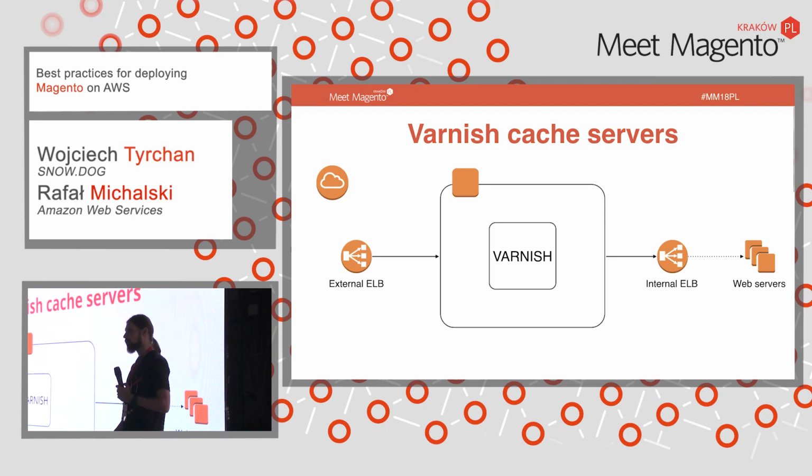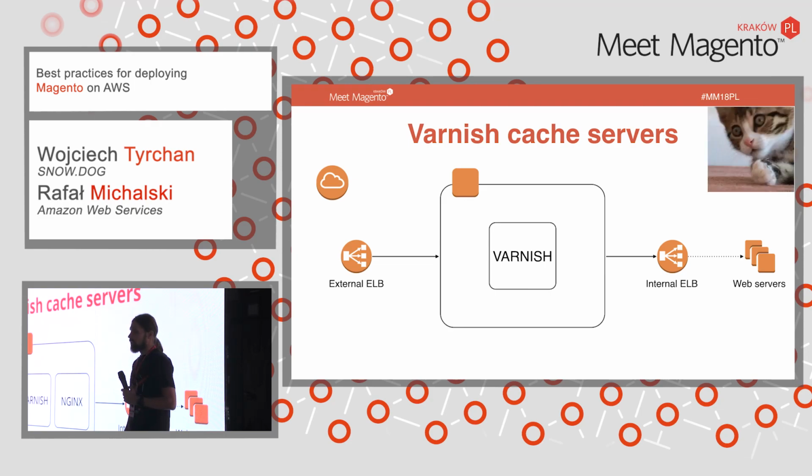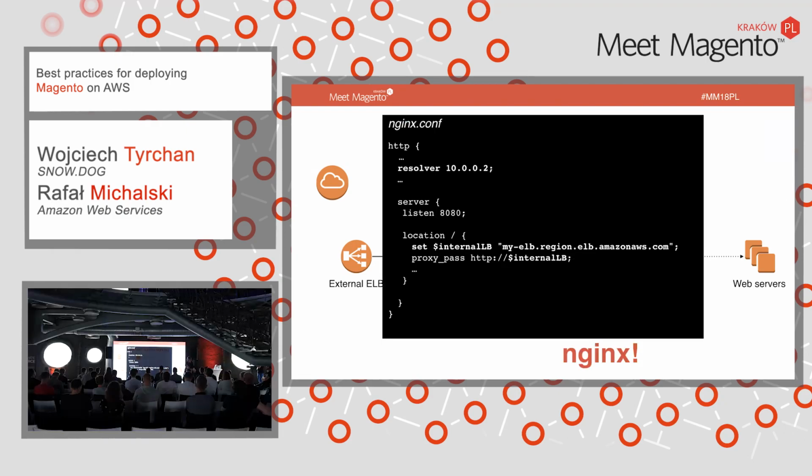But it's not efficient. It might work, but there is a better solution, and this is putting Nginx behind. Nginx can resolve the domain name to multiple addresses, but there are some pitfalls you have to watch out for, because it can also behave the same as Varnish, so resolve to one address and remember and use it forever.